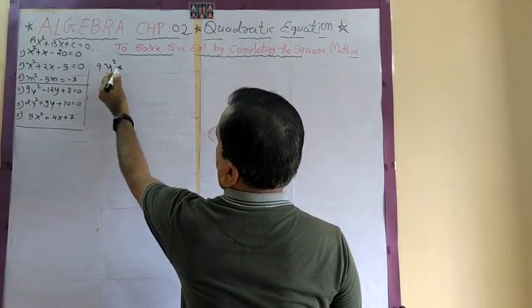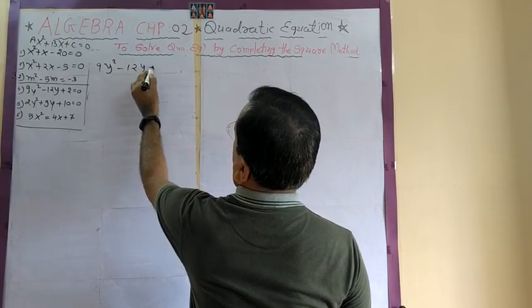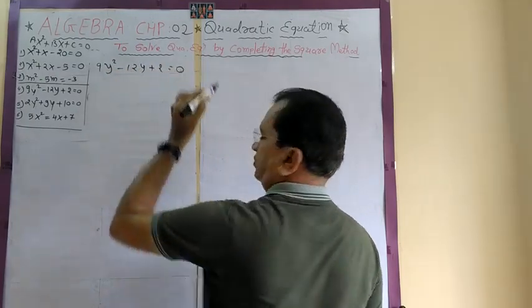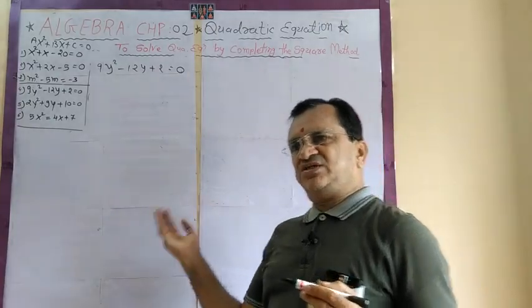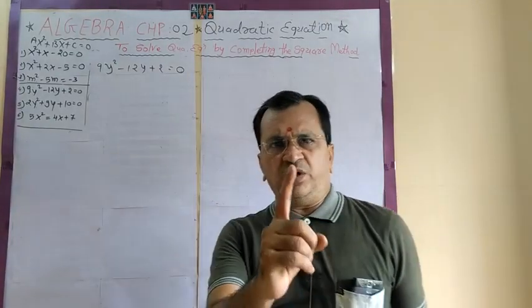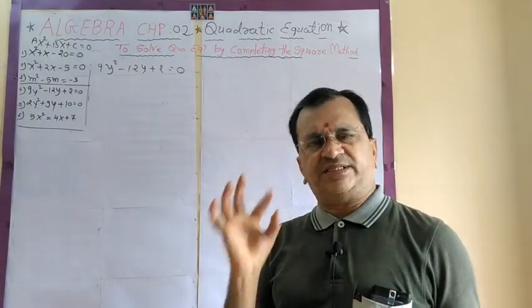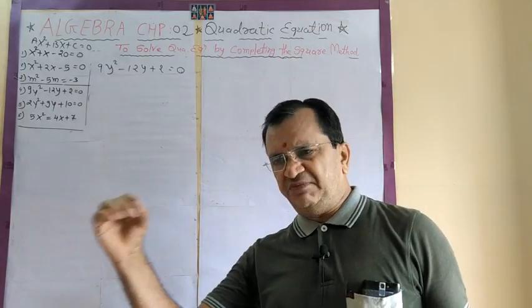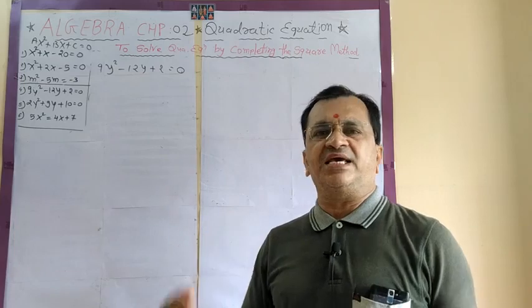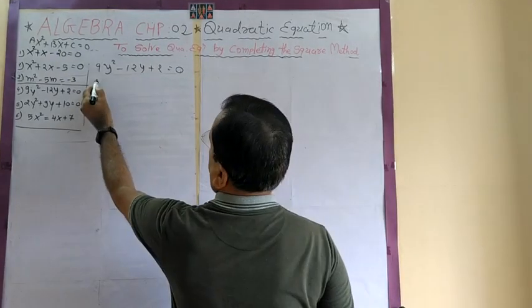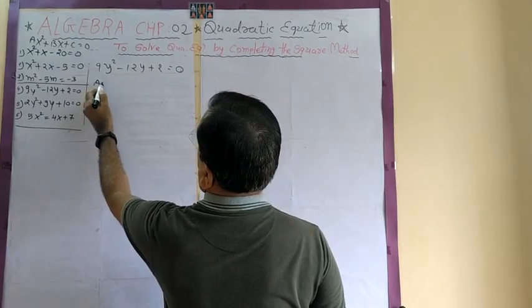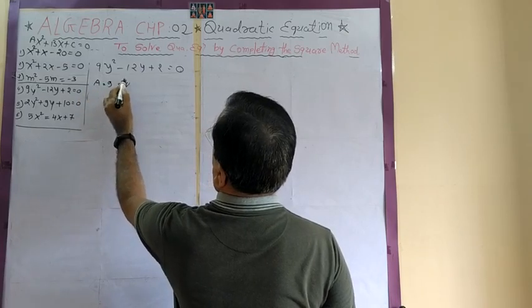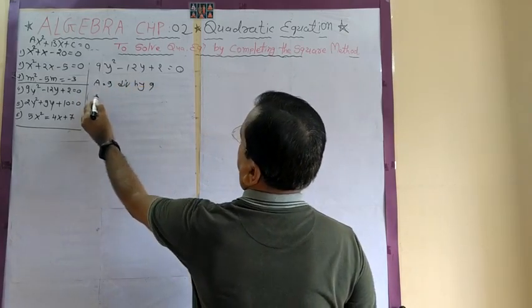9y square minus 12y plus 2 is equal to 0. Same as the previous three sums, only one step you have to add, what? In the total equation, each and every term will be divided by a. So what is a? a is equal to 9, divide by 9, right?